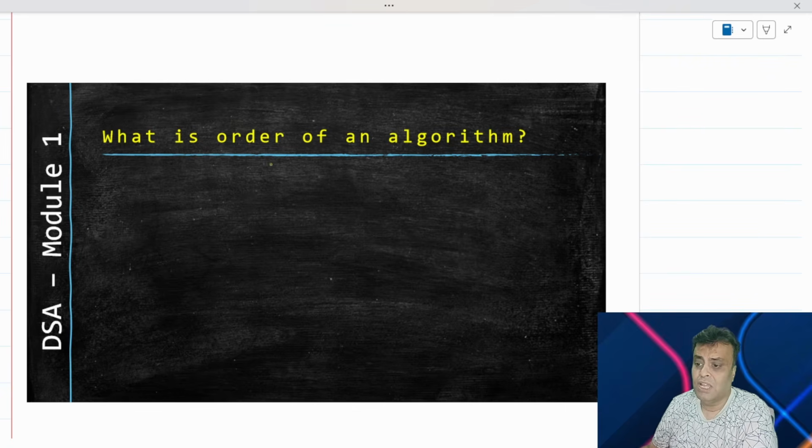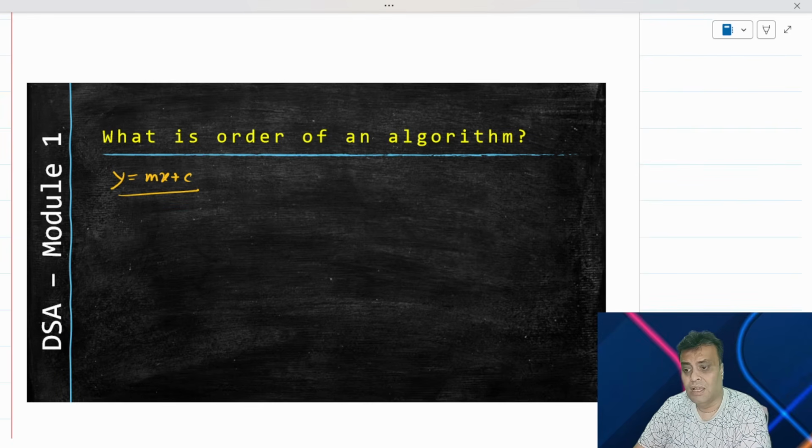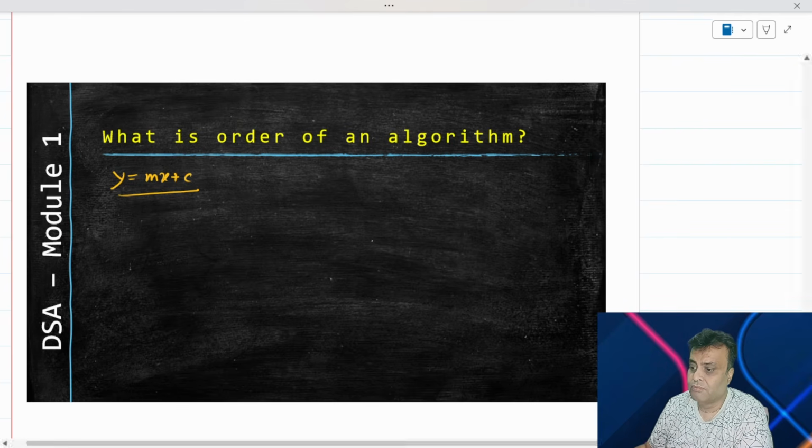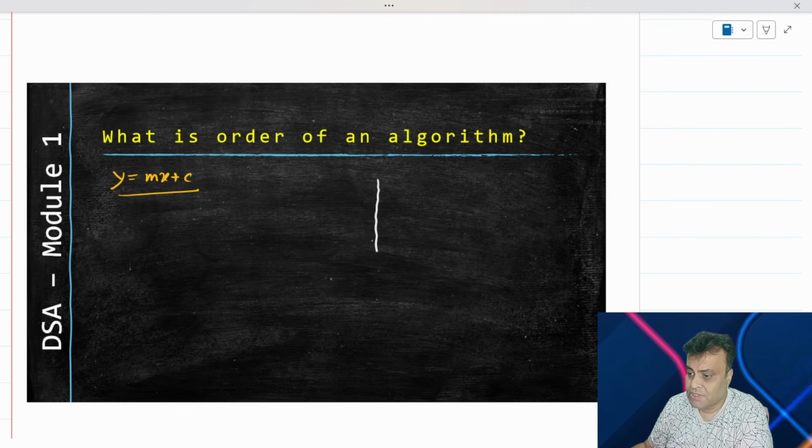Now for that to be done, let us go back to our class 10 days, our standard 10, when we learned about linear equations, and let us take one linear curve which is represented by y equal to mx plus c, which I'm sure all of you are aware of. And let me take a curve which represents a linear line.